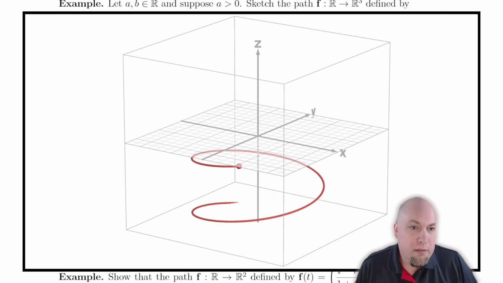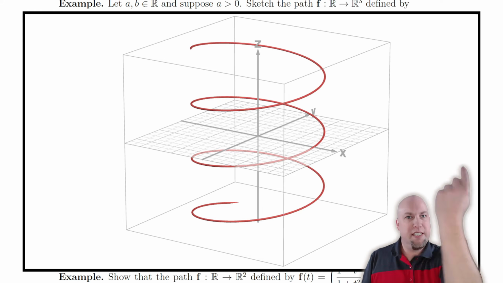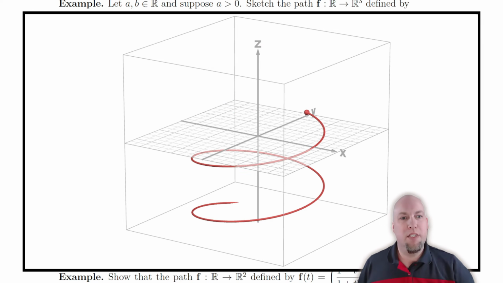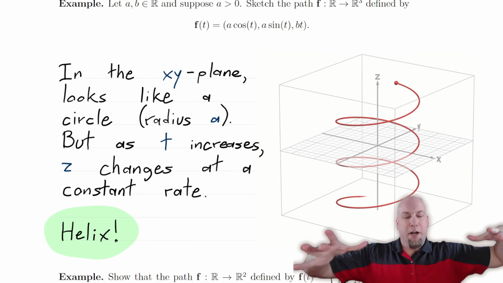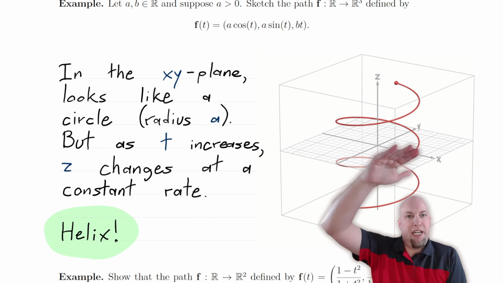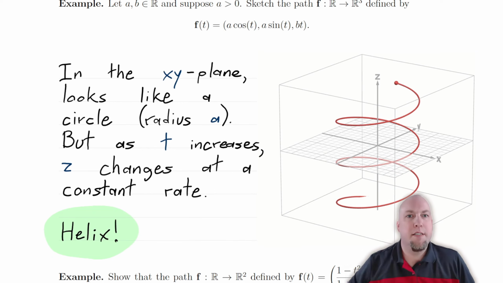And it turns out that is what you get. If B is positive, the particle goes up and around, tracing out this helical path. The parameter A specifies how big around the helix is, and the parameter B specifies how squished together or stretched out the spring is.